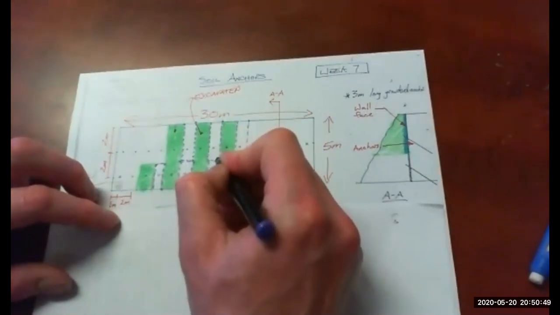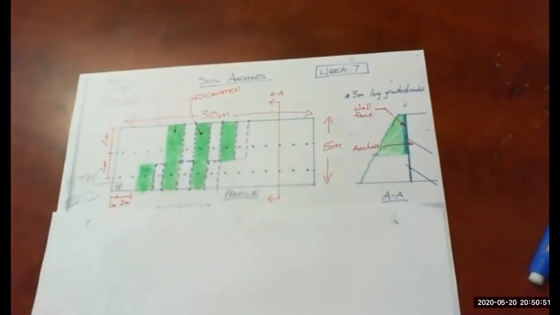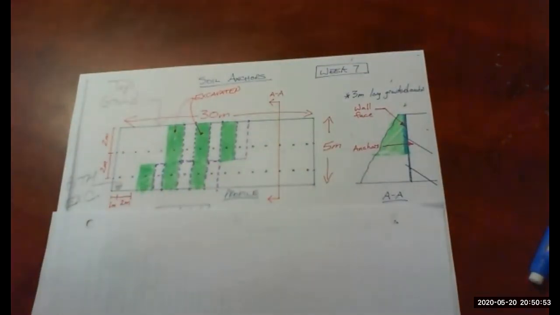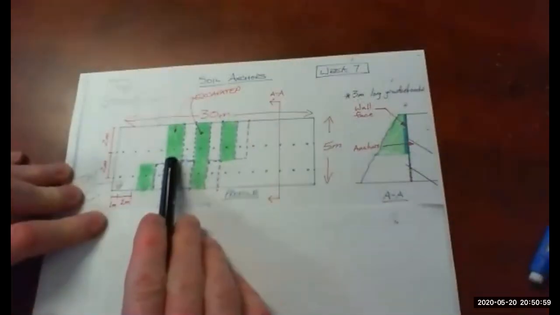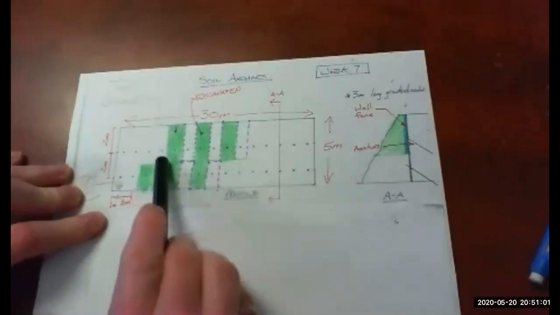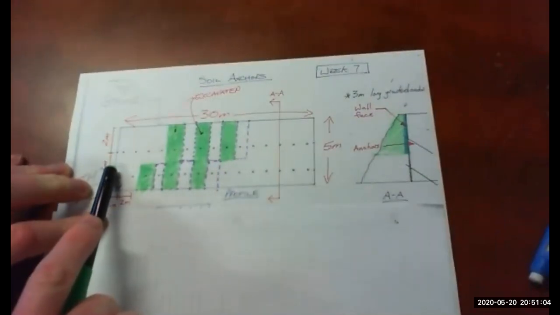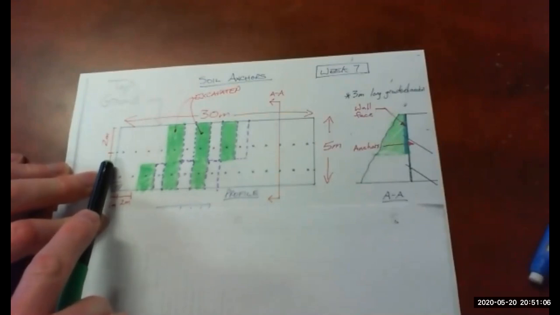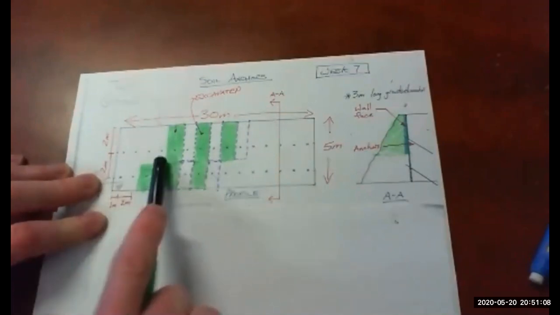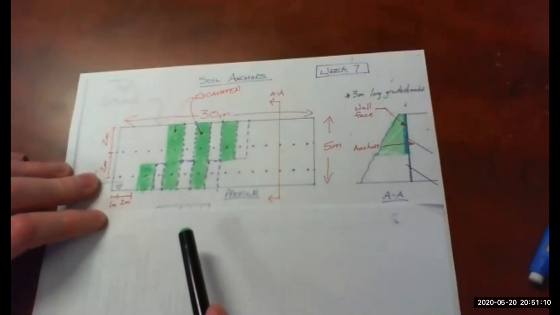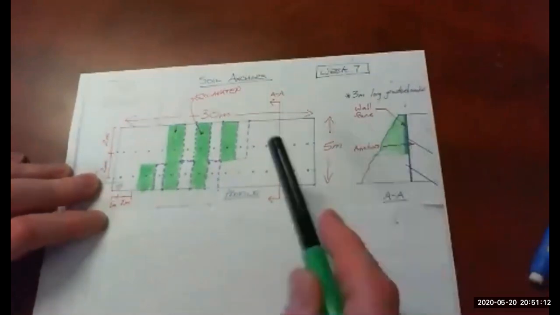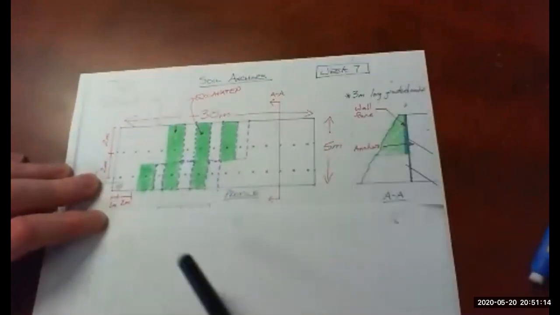Now, the reason I tell you this is to illustrate how slowly this procedure goes. This first green slot that we excavated is 3 meters deep and it's 2 meters wide.